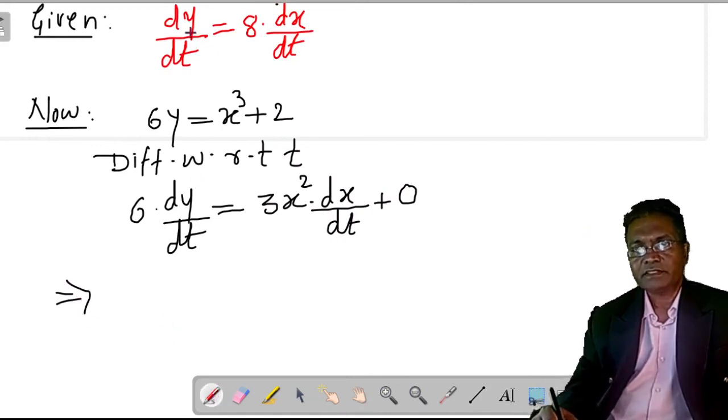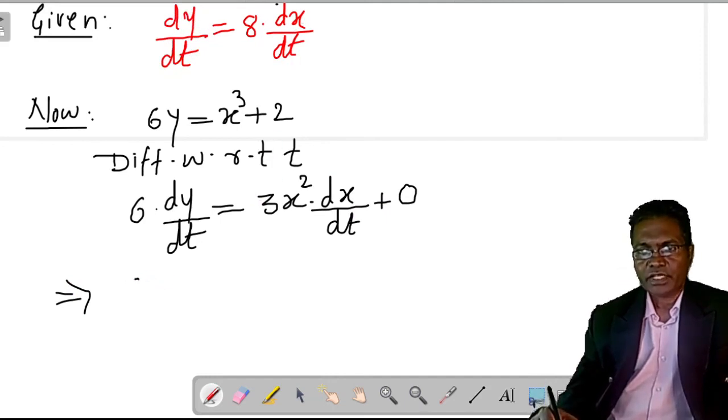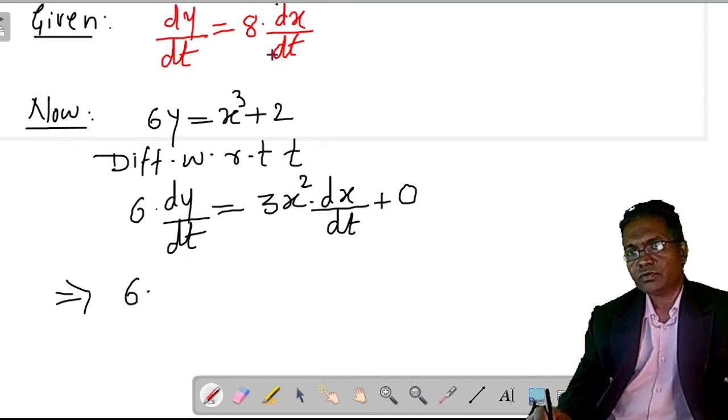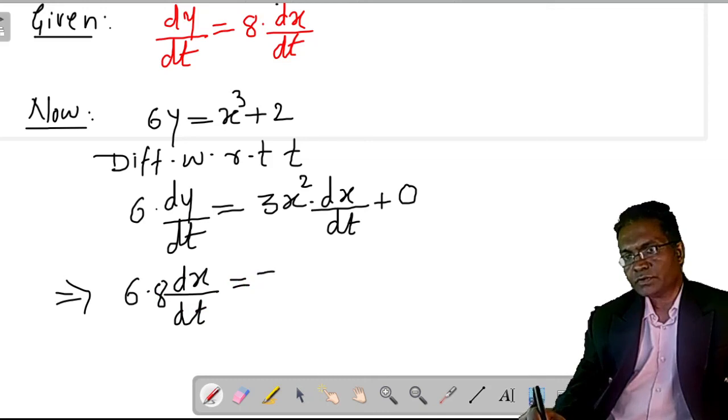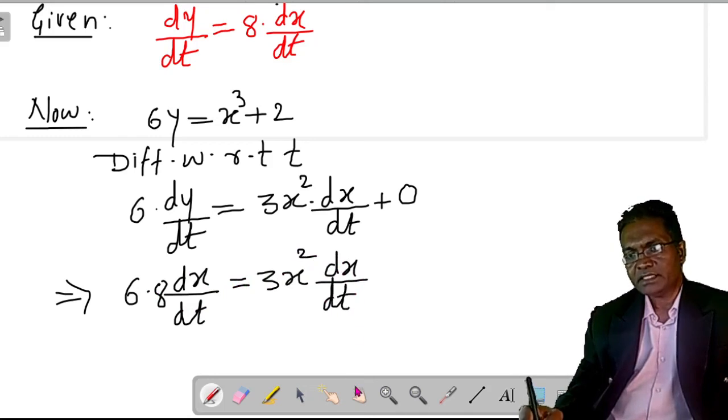Now this implies, now what is given here? dy by dt is 8 times dx by dt. Okay, so you can use that, 8 times dx by dt, which is equals to 3x square dx by dt.